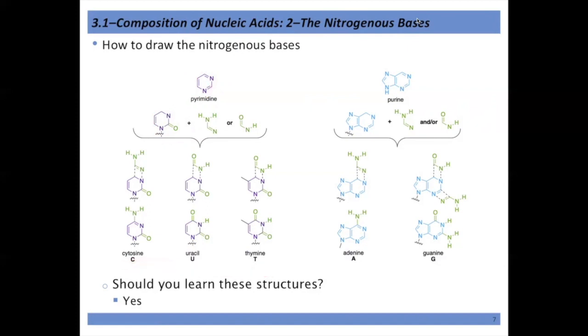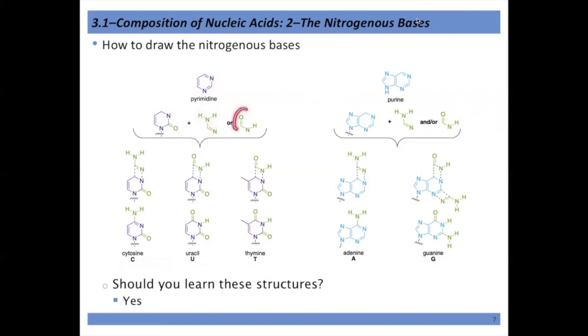And then what we do to construct them is we have these portions here, which really is just an amine group, or we have a carbonyl group. Now, if we have an amine group, what happens is we include a double bond in the ring.